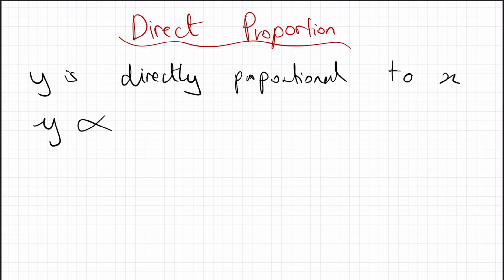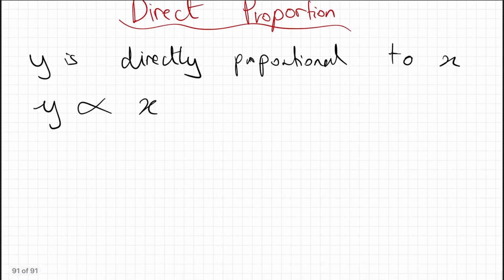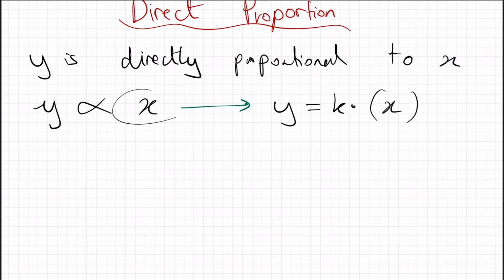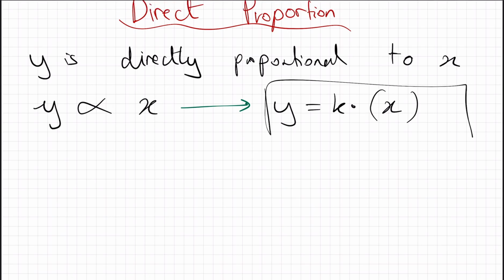To turn this into an equation, you simply add a k in somewhere. So you can just do y is equal to k multiplied by whatever was in here. So there we go, now you have this equation.